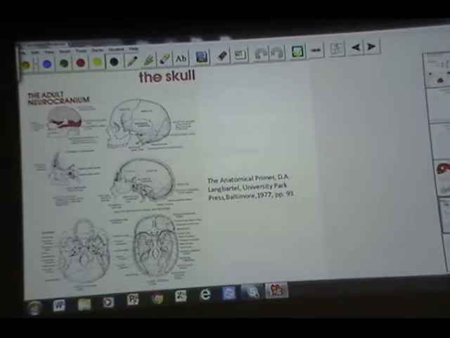Once again, the adult neurocranium here shows the portions associated with the area covering the brain. It doesn't matter whether it's endochondral or intramembranous, if it is surrounding the brain, either the floor, the walls, or the roof, that is neurocranial.